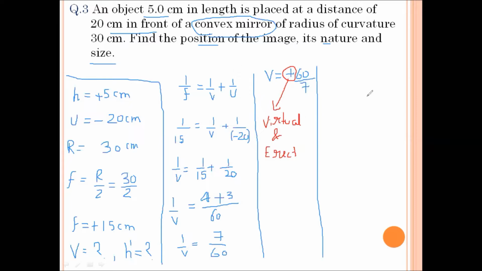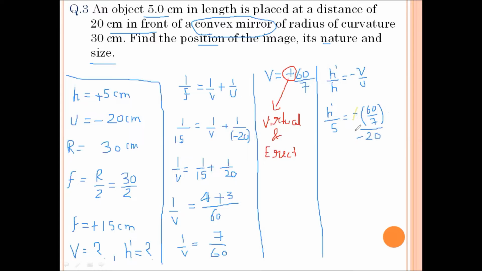For calculating the size of the image, we can use the magnification formula, that is h dash by h equals minus v by u. On substituting the values, here the height of the object is given 5. The position of image obtained is 60 by 7 and the object distance is minus 20.